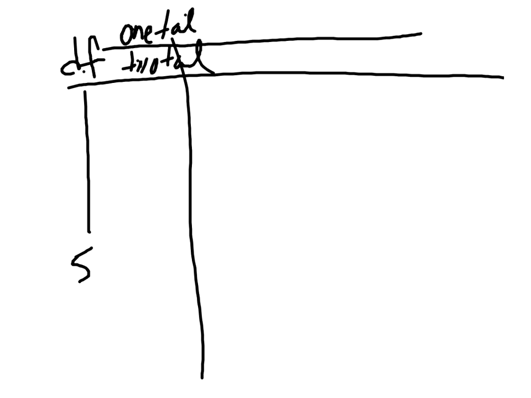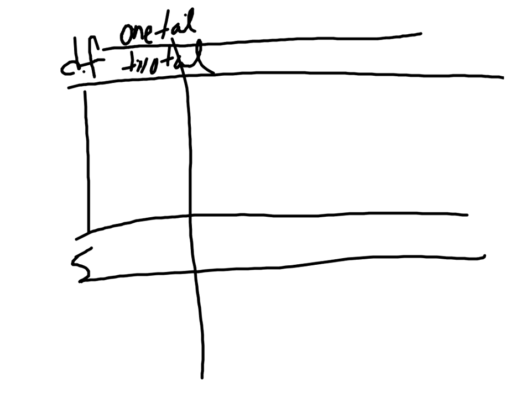Here's our degrees of freedom. We're going to run down to 5. Here, let's say on this column would be our, I'll write it out this time, 1 tail, and then directly below is 2 tail. Okay, and we run across this way, and we find the two numbers between which our t-value of 2.983 falls.